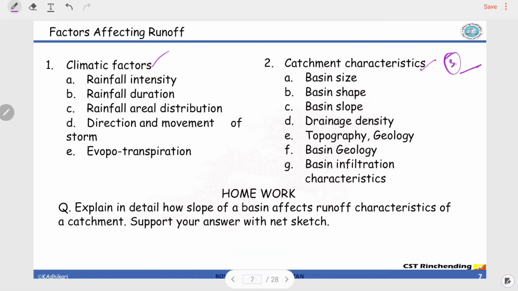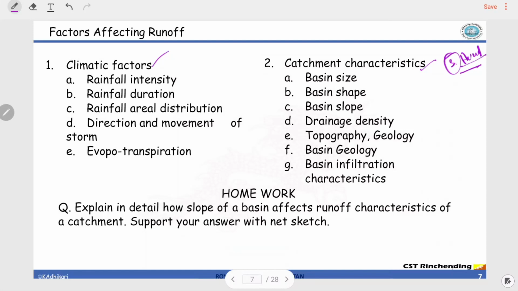We have made so many changes that they can affect runoff. We have constructed paved land and roads. Because water is damaging our road, we have diverted the water somewhere else. We are manipulating the catchment to an extent that the entire runoff characteristic of a catchment is getting changed. So we are the culprit here.